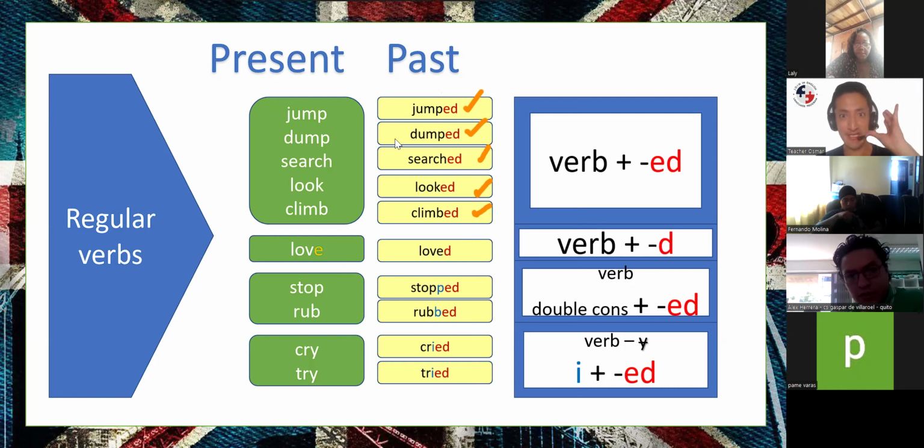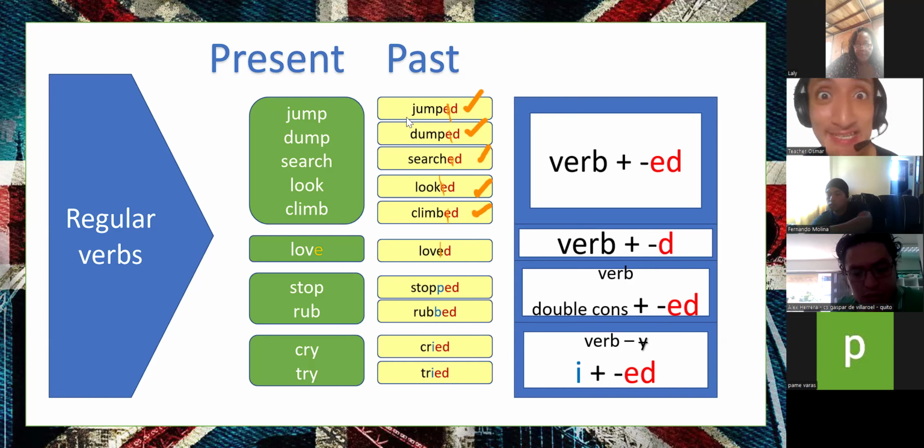Pero en English le escribimos la ed, pero la e casi no tiene sonido, ¿ok? Así que no decimos jump-ed, sino jumped, dumped, searched, looked, climbed, loved, right? ¿Se dieron cuenta? Did you realize? Que casi que ni se escuchó la e, ¿no es cierto?